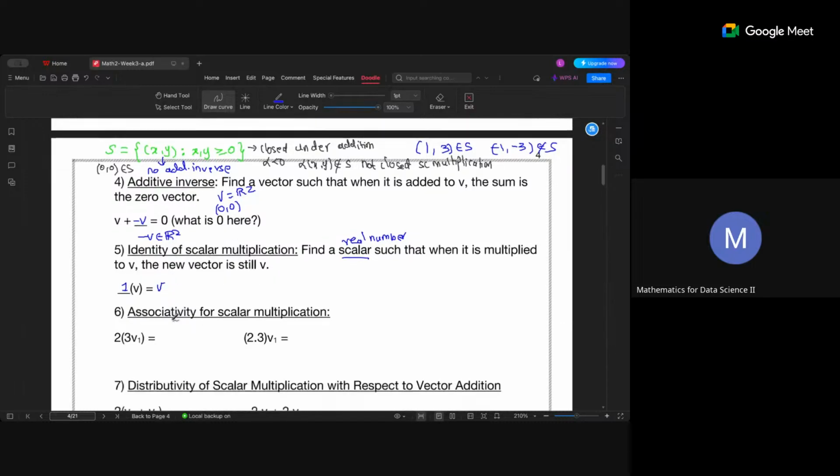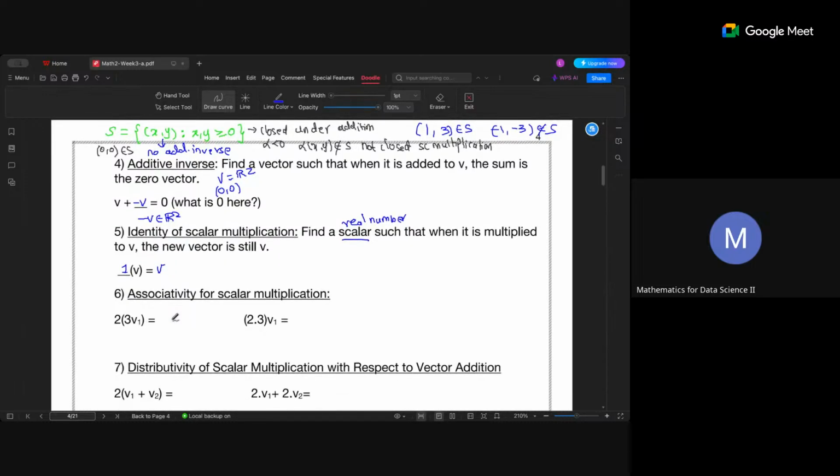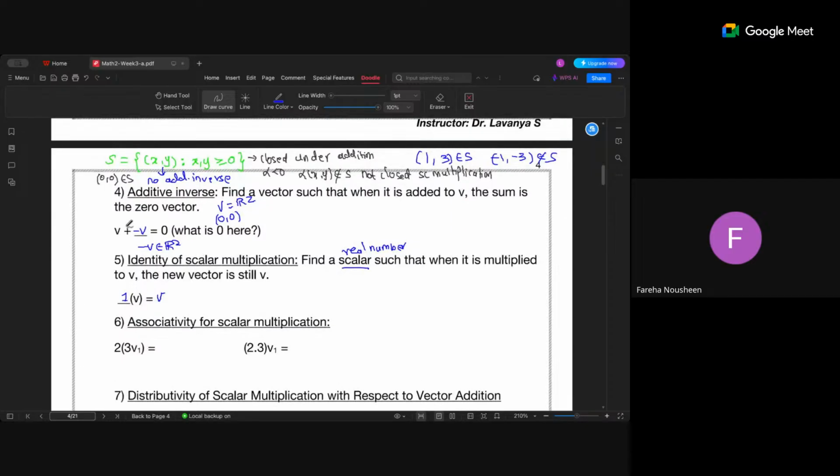Ma'am, the previous point, v plus minus v is equal to 0. I did not understand what exactly it is referring to. So this minus v is called the additive inverse of v.